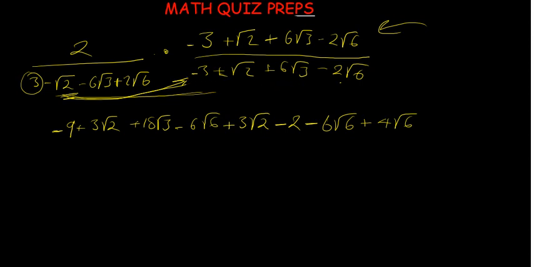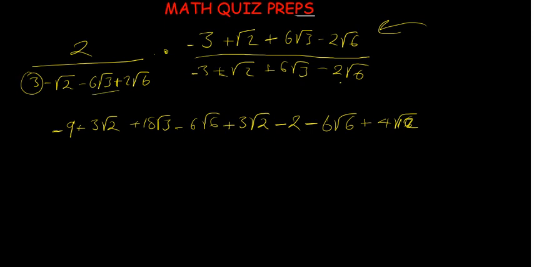Are people following or someone is already lost? That was supposed to be positive 2 root 12 because we are multiplying by the root. Oh, yeah, it's supposed to multiply that one in the bracket. You are right. This is supposed to be 12. Yeah, like that. Again, we come to this one.